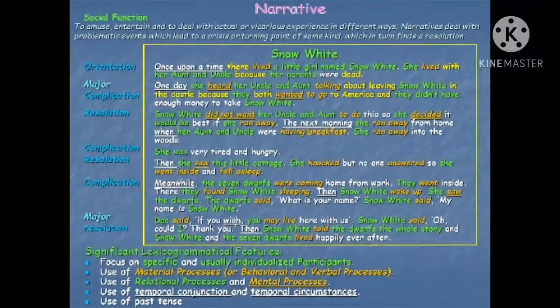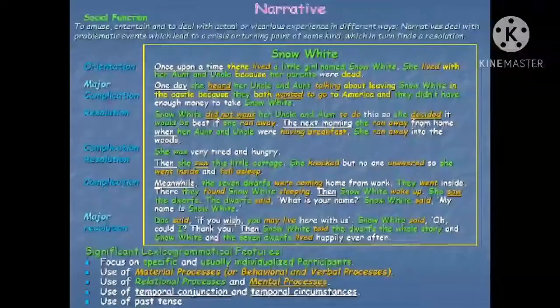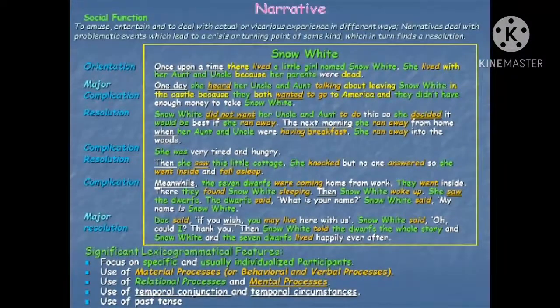Mental process must be underlined, like heard, want, didn't want, decide, solve. So the temporal conjunction and temporal circumstance must be underlined, like once upon a time, one day, the next morning, when, then. You can see all of the text on the screen, and this text uses past tense.